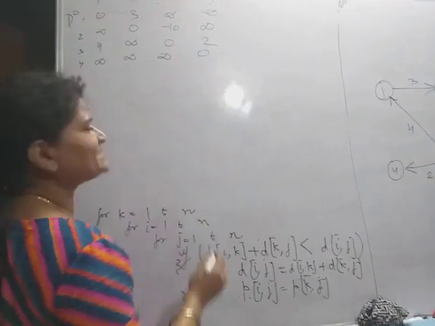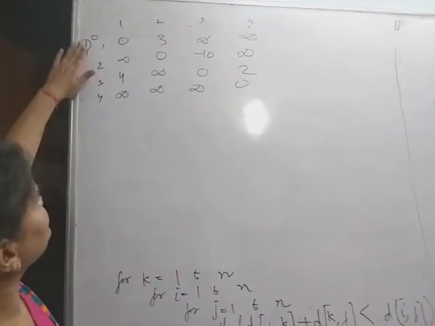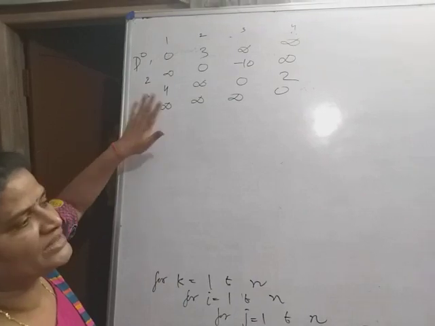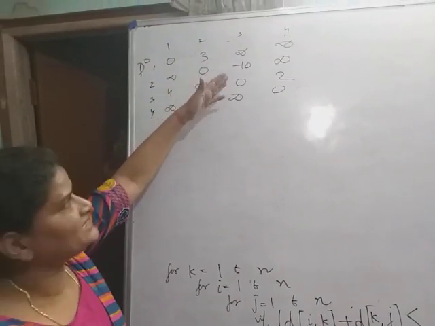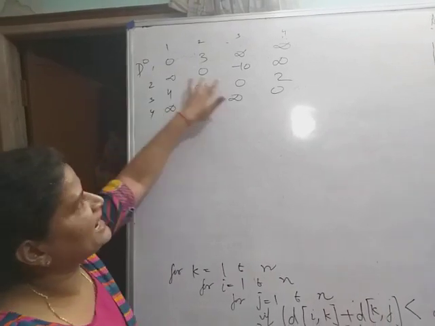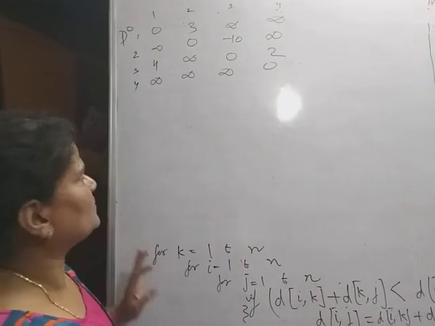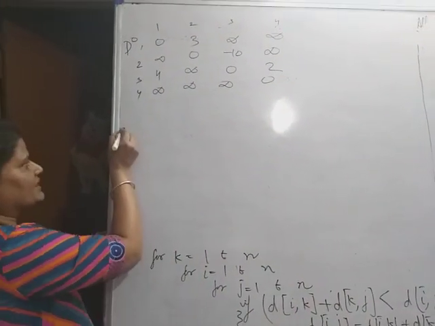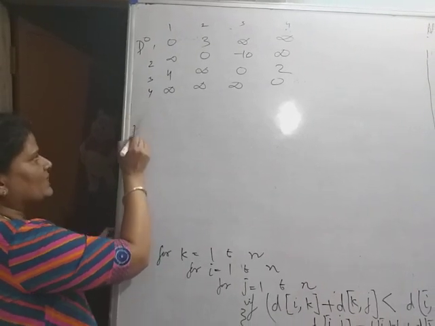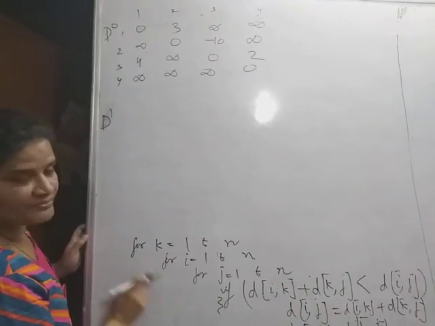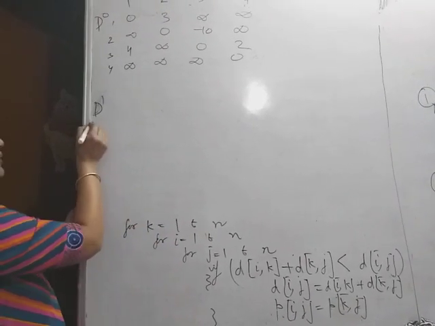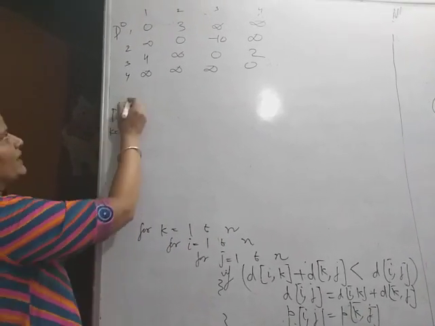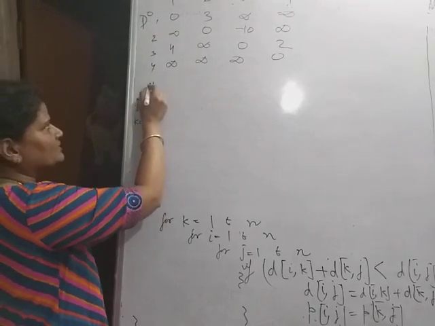Okay, this is initialized with the cost matrix. If the edge exists, then we write its cost. If the edge doesn't exist, then we write infinite, and the diagonal entries are initialized with 0. Now I will generate D1 from this algorithm. Initialization is okay. Now the value of k is 1. So I am applying this algorithm.